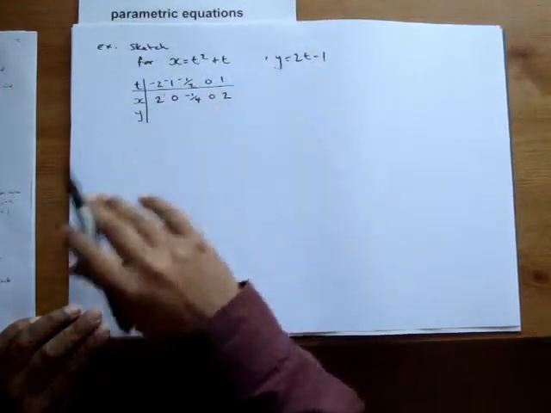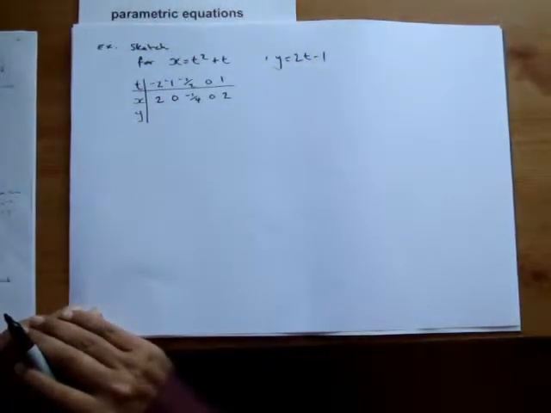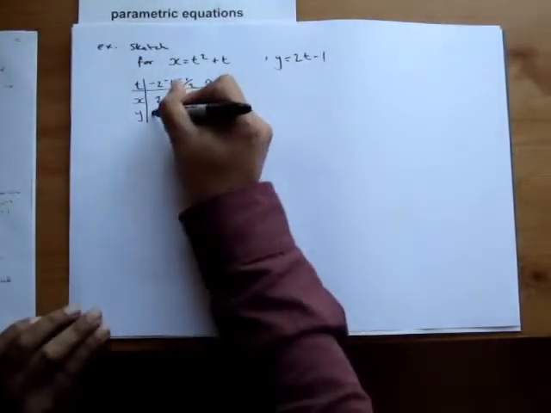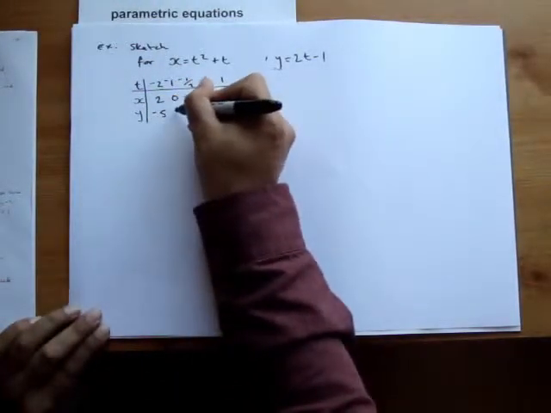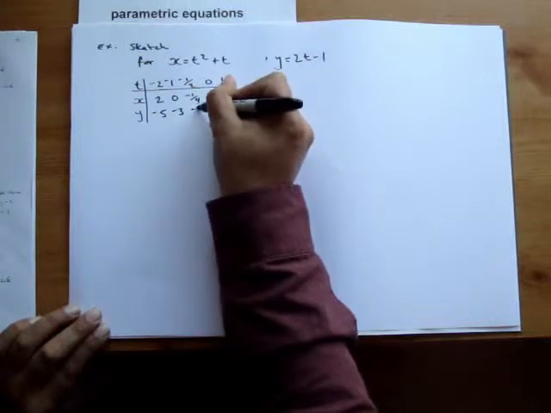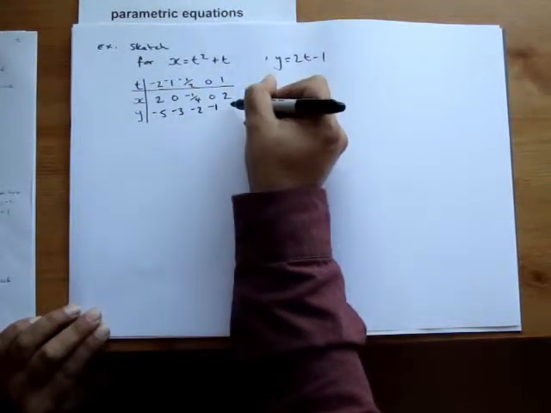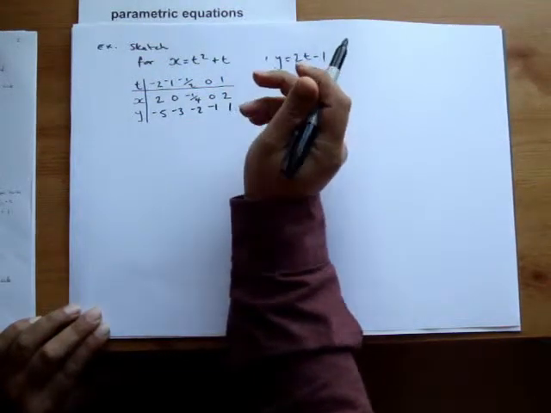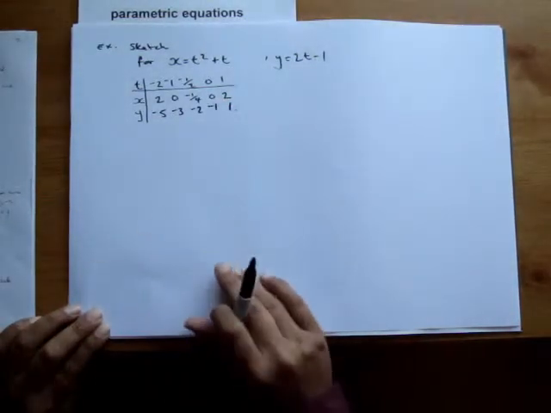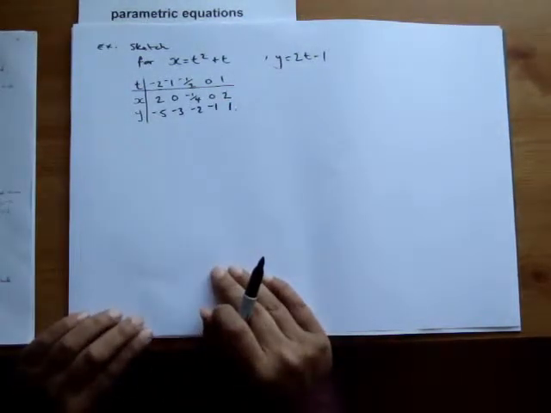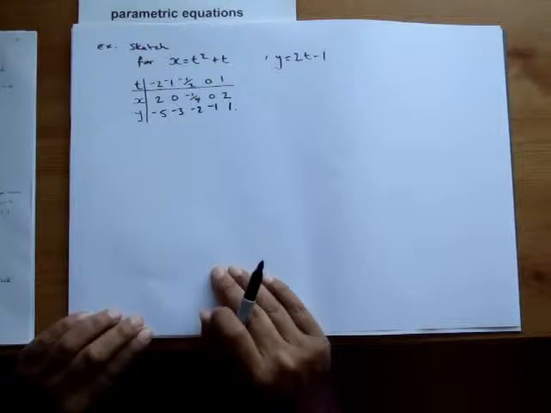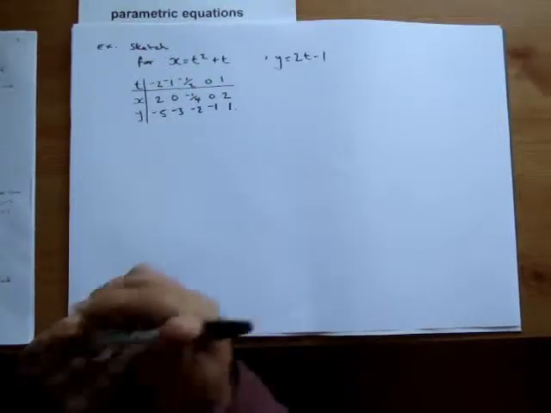And then putting these values in that parametric equation for y, minus 5, minus 3, minus 2, minus 1, and 1. Again, as we discussed previously, parametric curves have a direction of motion given by increasing t.